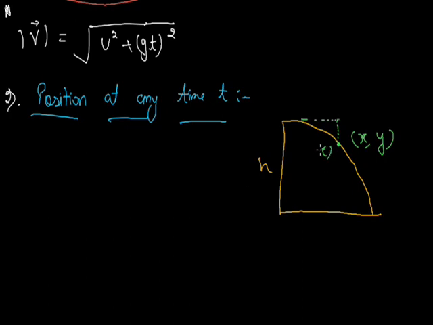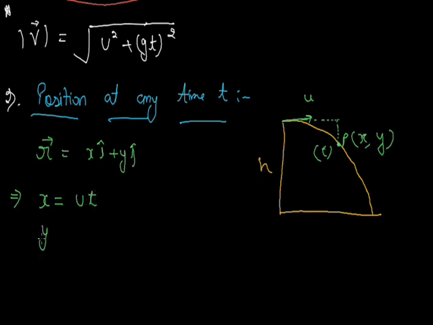So we have to find its position. We know vector r is equal to x i plus y j. Now the horizontal distance x is equal to the velocity in the horizontal direction u, into time t.